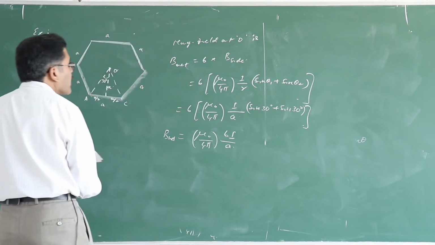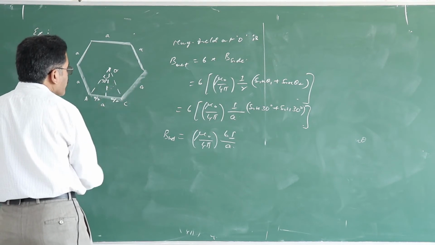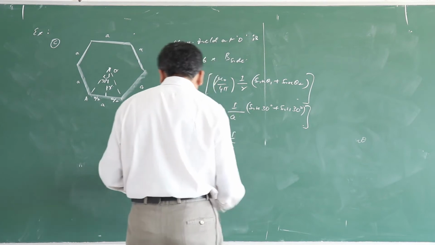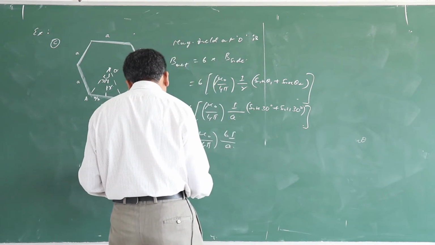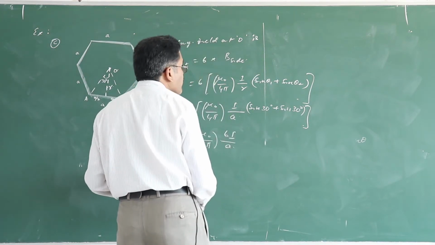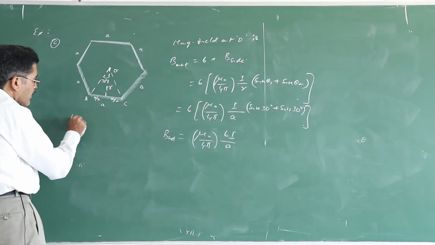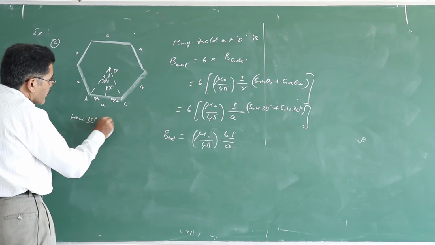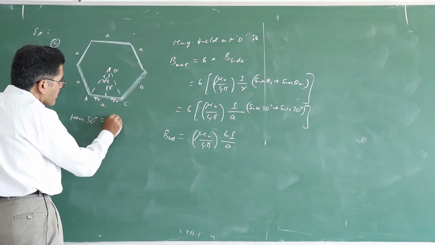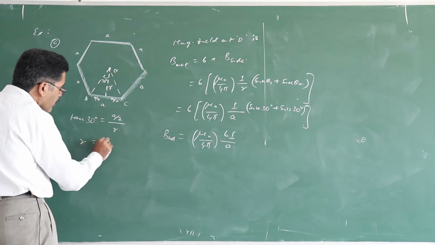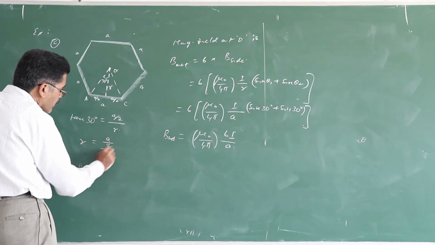See, this cannot be A. You must take it as R. See, here if you take tan 30 is equal to the opposite side A by 2 by the adjacent side R, R is equal to A by 2 tan 30.